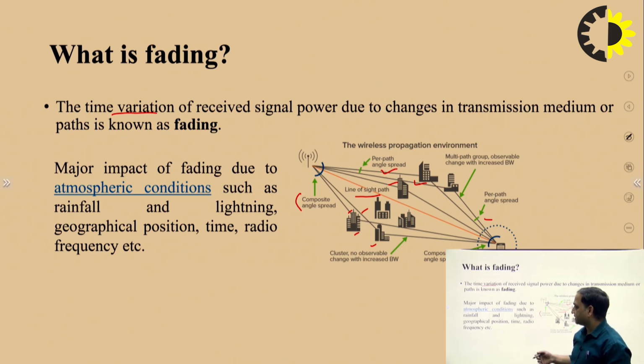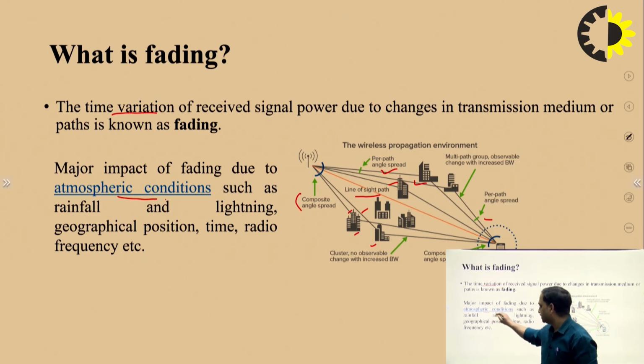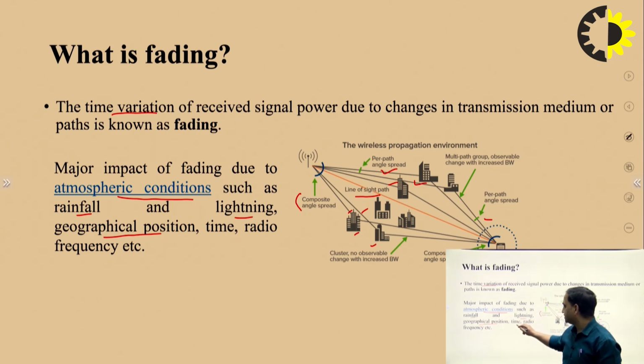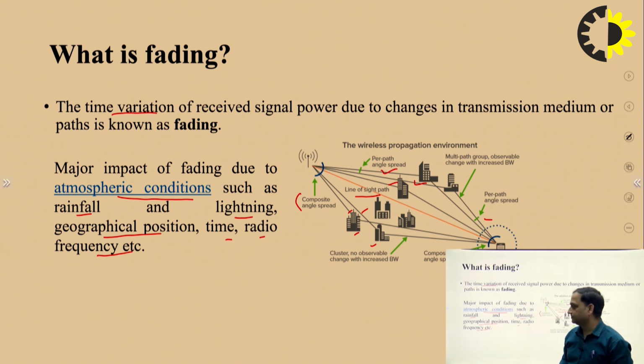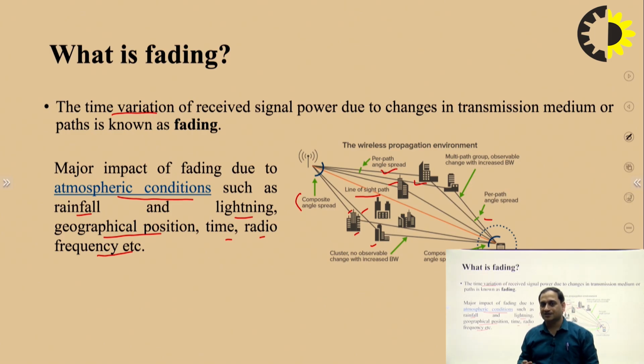The other major impact of fading is due to atmospheric conditions such as rainfall and lightning, geographical positions, time and radio frequency. These are some of the impacts which occur through fading when we transmit the signal from the transmitter side, due to which signal deterioration occurs at the receiver side.